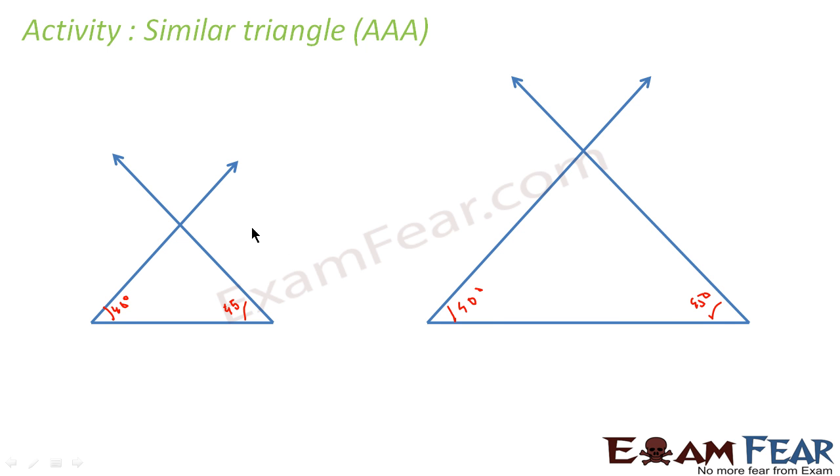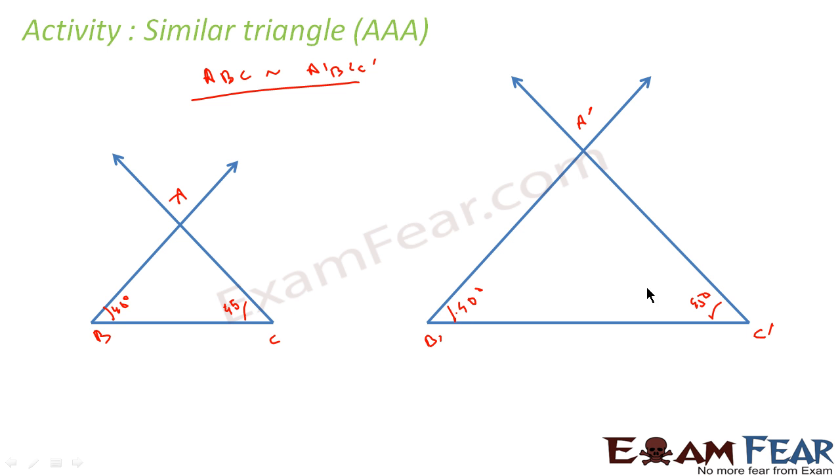You got this triangle. Let's suppose this is ABC, and this is A dash, B dash, C dash. Then we can say that ABC is similar to A dash B dash C dash. Why? If you see, this angle is equal to this angle.